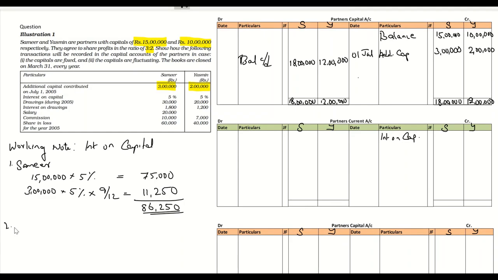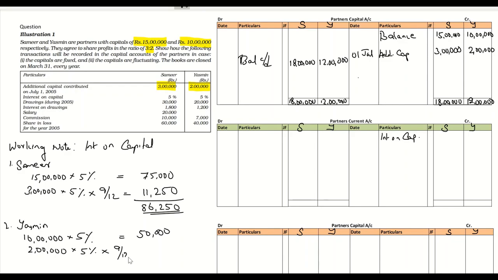Now let's do it for Yasmin. For Yasmin, we have again 10 lakh rupees of capital from the beginning of the year until the end of the year. So that will come to 50,000. Then he brought in 2 lakh rupees of capital on 1st July 2005. So that will carry 5% interest, but only for a period of 9 months from 1st July till 31st March.